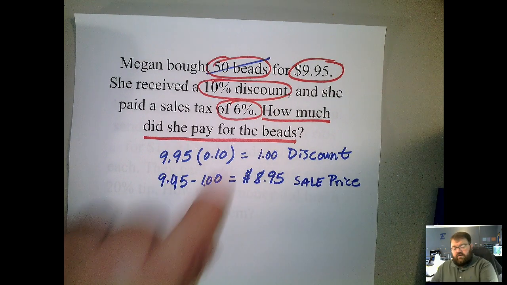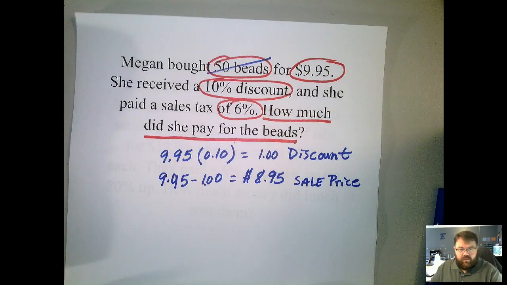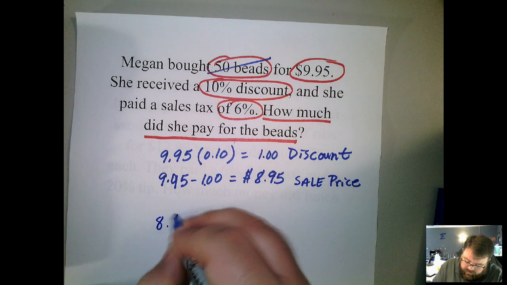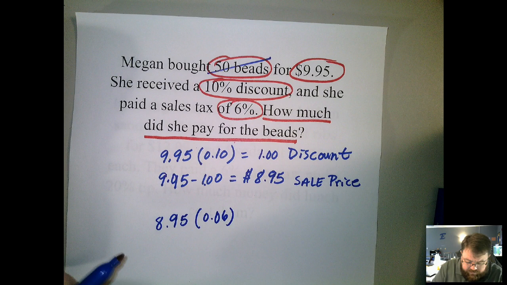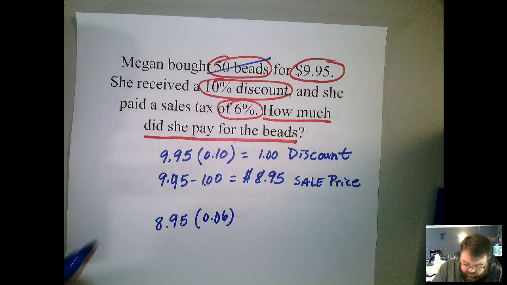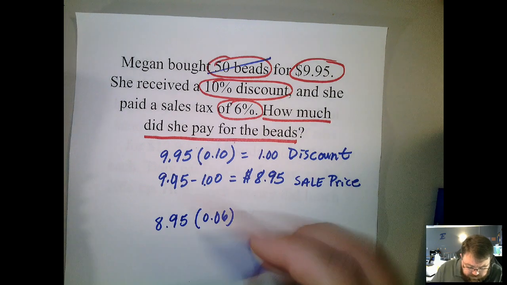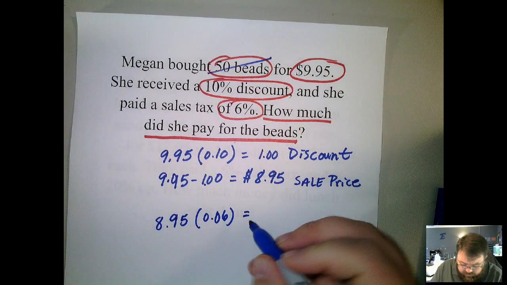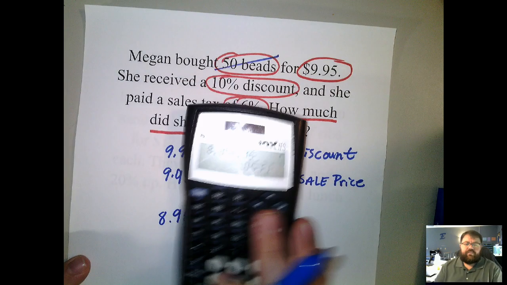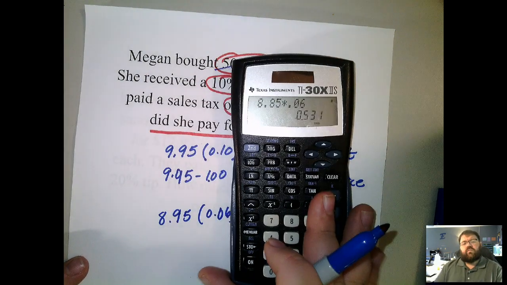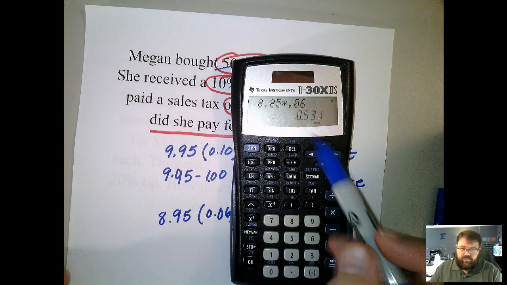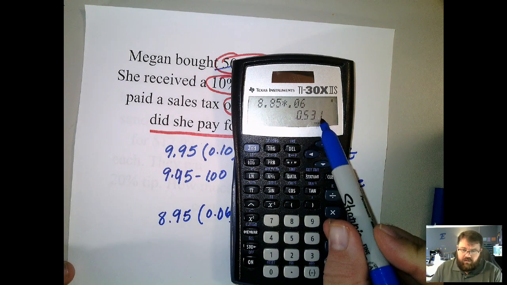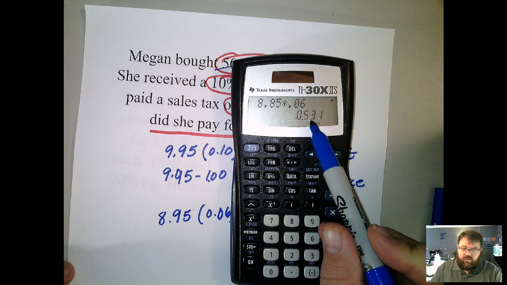Now you're going to pay the 6% tax. So you're going to say $8.95 times 6% is this. We're going to round that to the nearest penny, which is 2 places past the decimal. So you would see the 1. Does it round the 3 up to a 4?